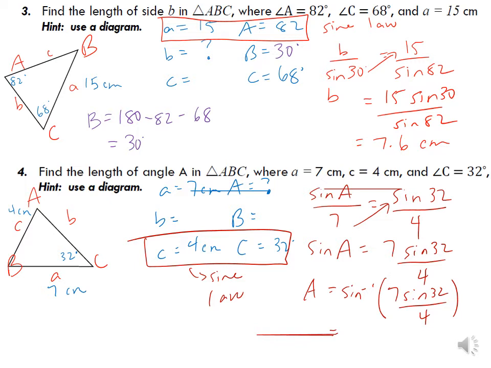So shift or second function, sine open bracket, 7 sine 32 divided by 4. And we'll go to one decimal place again, which in this case, if we round, it actually gives us the nearest whole number, which is 68 degrees.